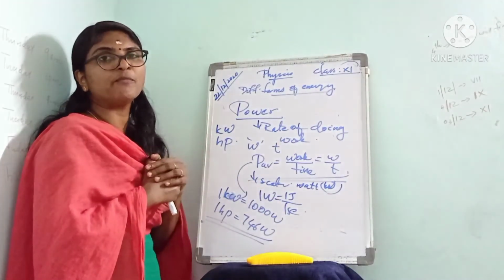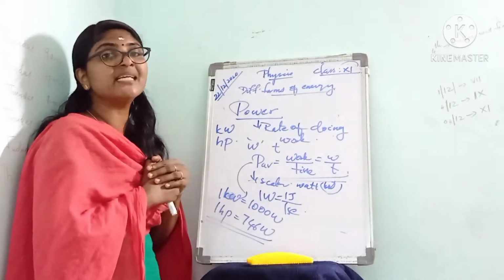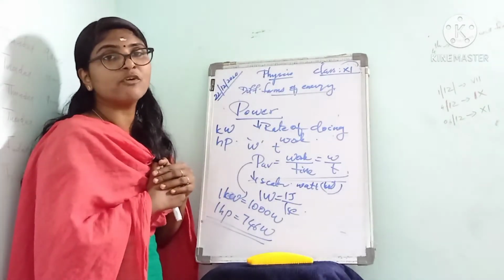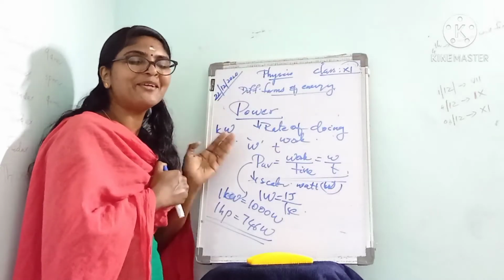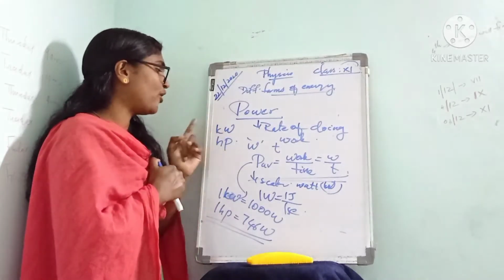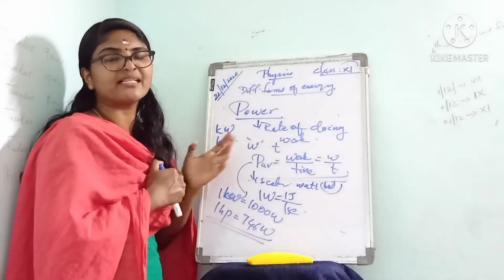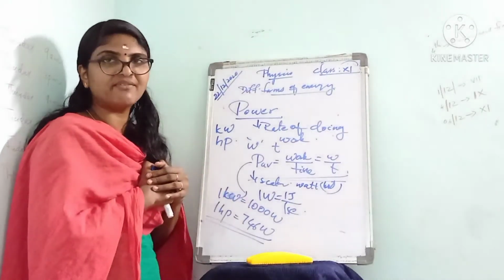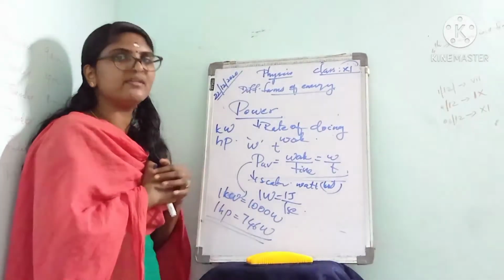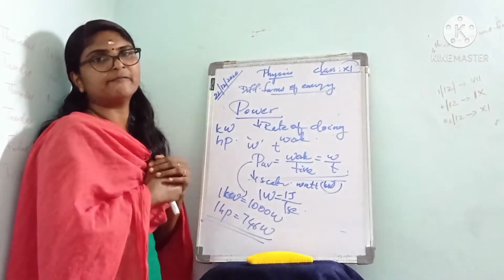The power of an object is said to be 1 watt if that object does work at the rate of 1 joule per second. What are the bigger units of power? Kilowatt and horsepower. 1 kilowatt is equal to 1000 watt and 1 horsepower is equal to 746 watt.